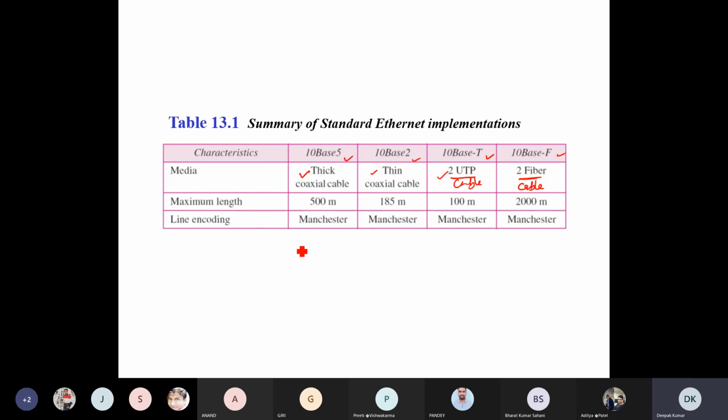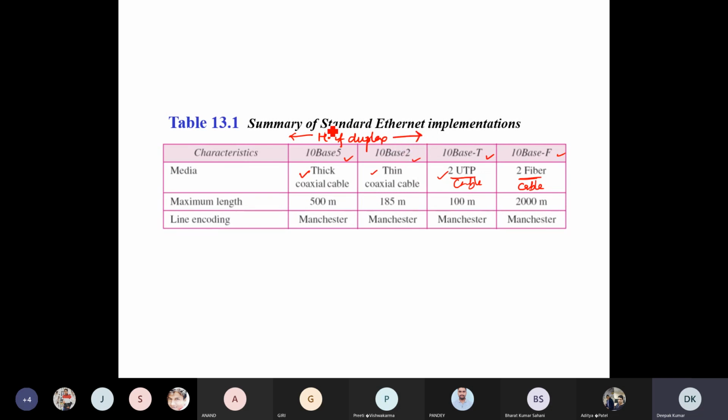So you can easily think that a single line can support only either transmission or reception. So 10Base5 and 10Base2, these two implementation techniques, only support half duplex.